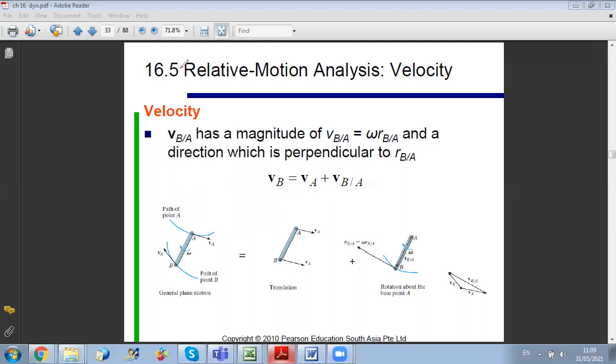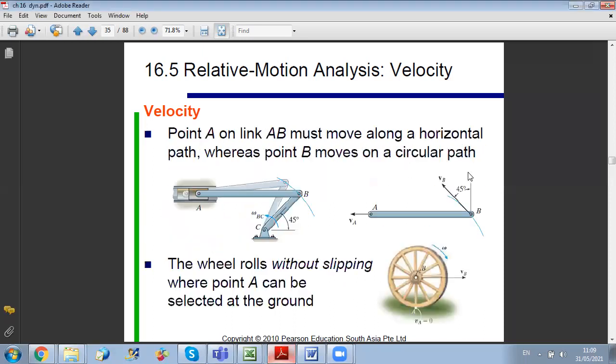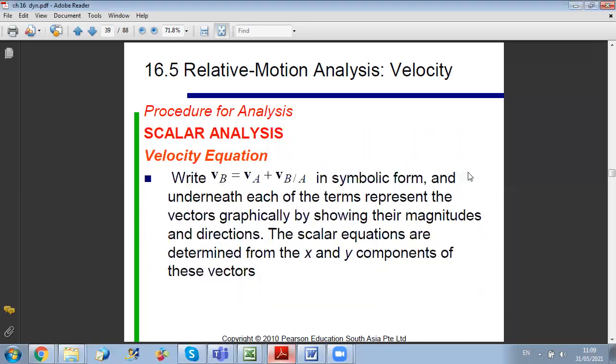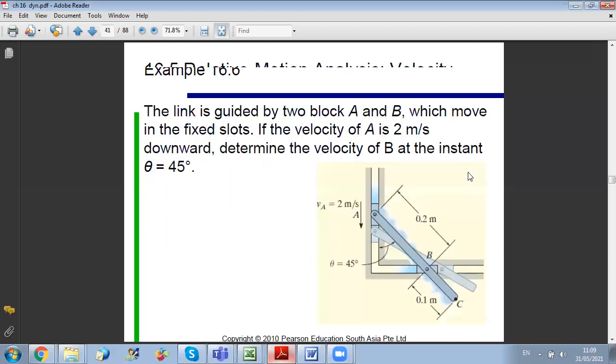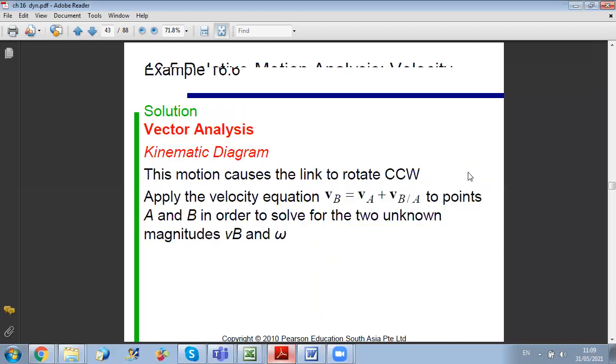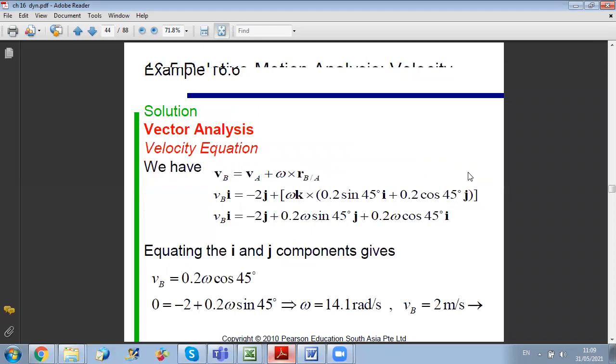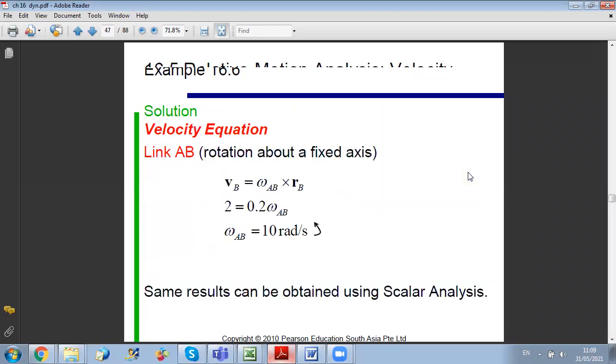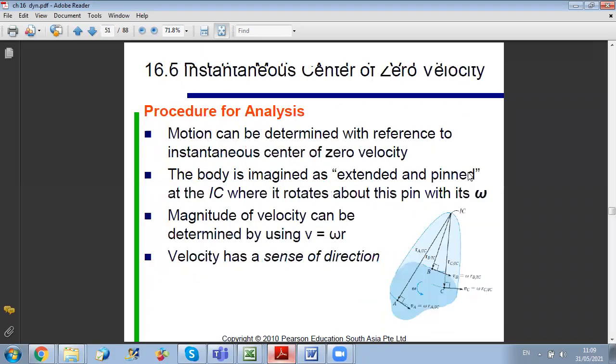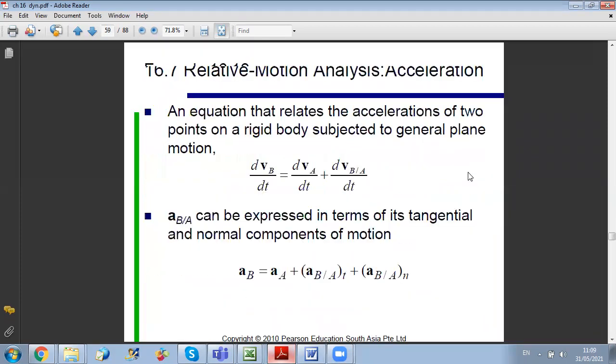Now we will see how to relate accelerations in this case. The concept is the same. Because the 2 points are on the same body, when I take a translating frame at A, B is doing rotation with respect to A. So if I think about decomposing the acceleration vector, then I will obtain the following.